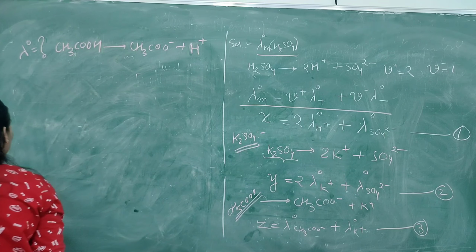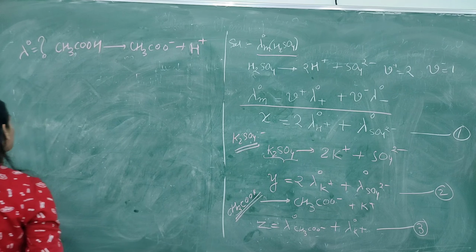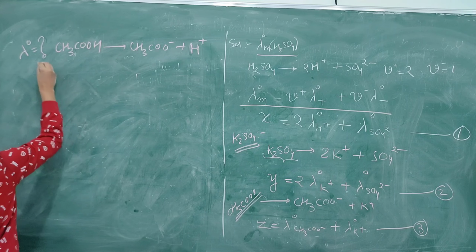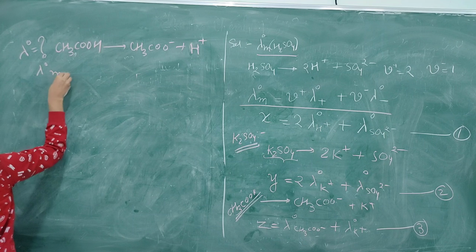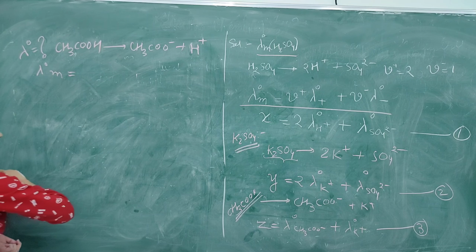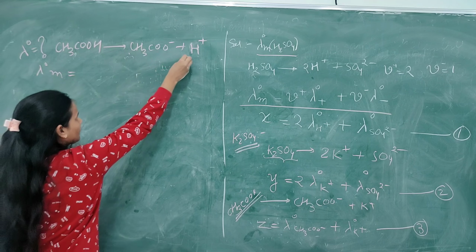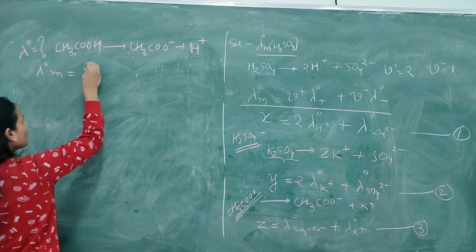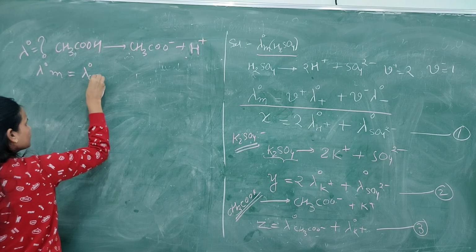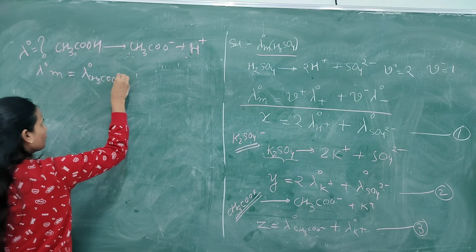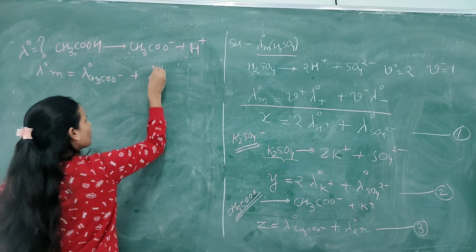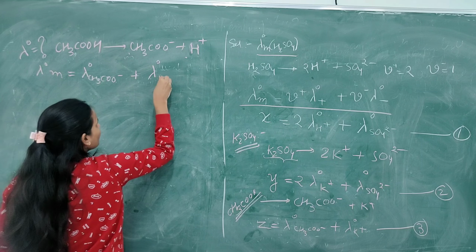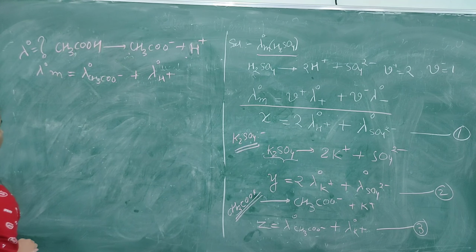If I write according to Kohlrausch law, lambda naught m for CH3COOH, which I have to find, since they are 1, can be directly given as lambda naught for acetate plus lambda naught of H positive.